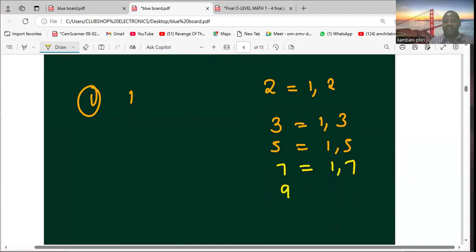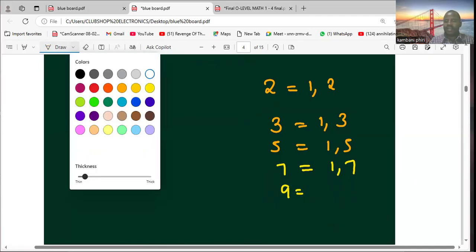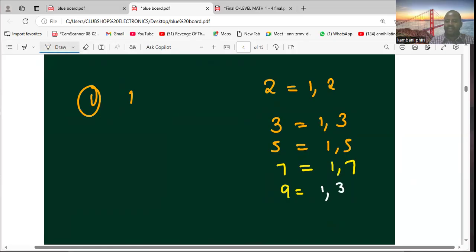How about 9? 9 has got these factors: 1, 3, and 9 itself. Therefore, 9 is not a prime number. Okay, we can look at 11. 11 has 1 and 11. So 11 is a prime number.